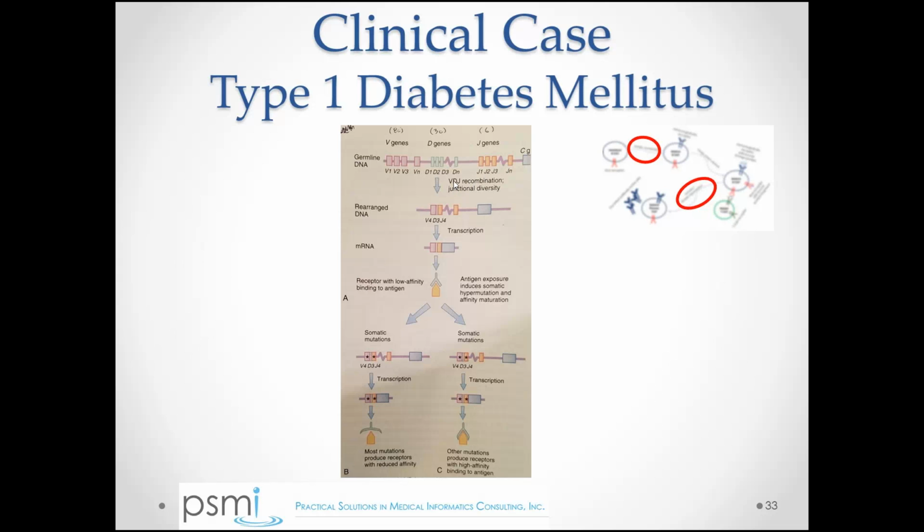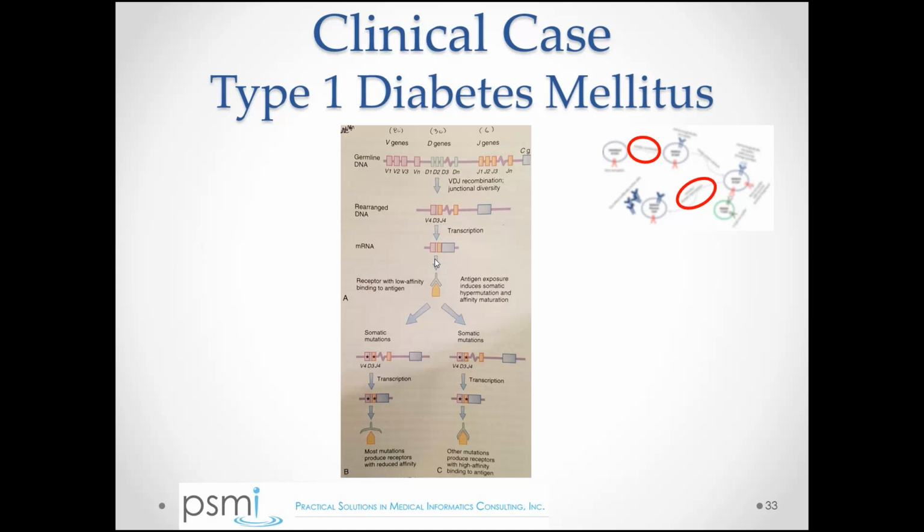And what happens is the DNA of the immature B cell is physically altered. All of the V genes except one are literally spliced out. And all of the D genes except one are literally spliced out. And all of the J genes except one are literally spliced out. And the DNA in the cell now has one of the V genes, one of the D genes, and one of the J genes sandwiched together.